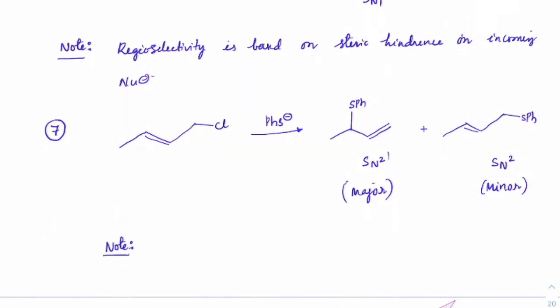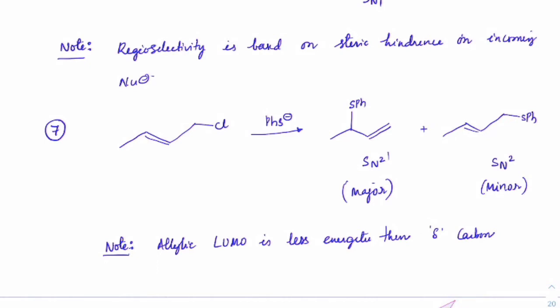Note: allylic LUMO is less energetic than the alpha carbon. Okay, why?